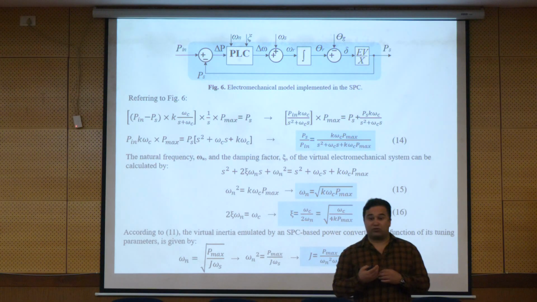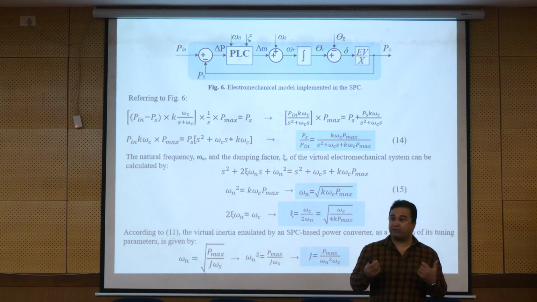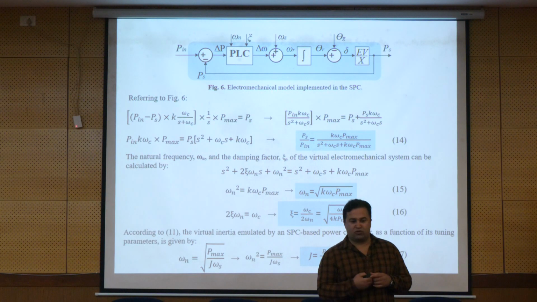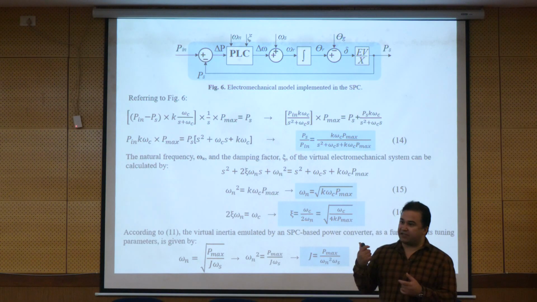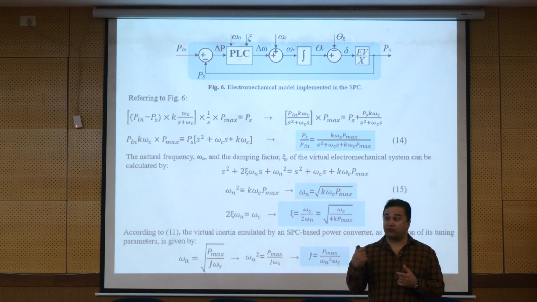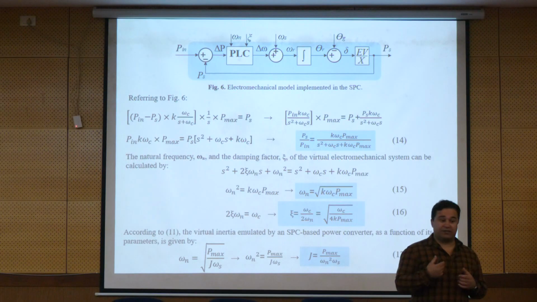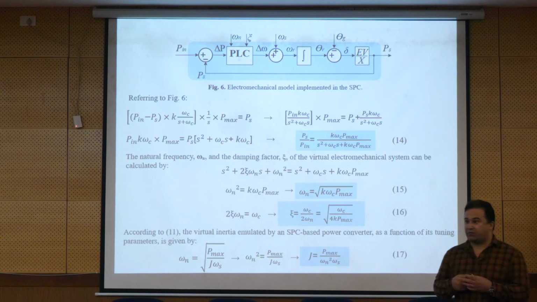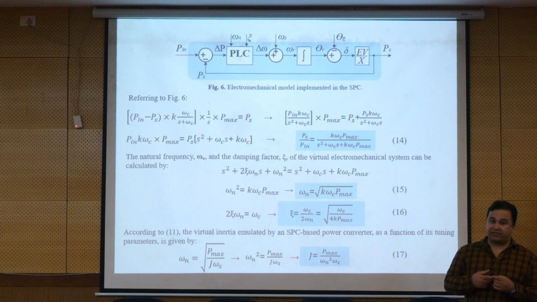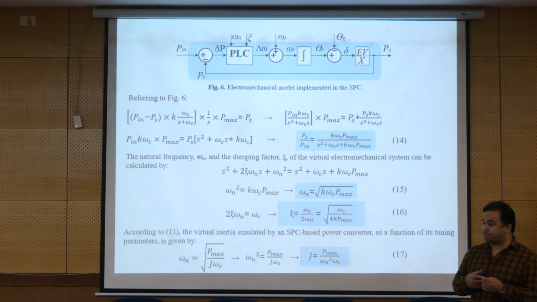But if you compare this one with some other things, the other one probably has a better or faster response to changes. So it should be compared. But this is actually a very good model. It's one of the top control techniques that we can consider for the control of the converter.